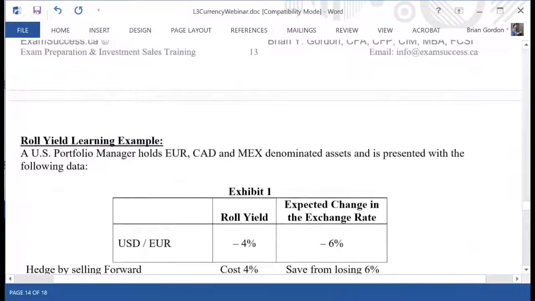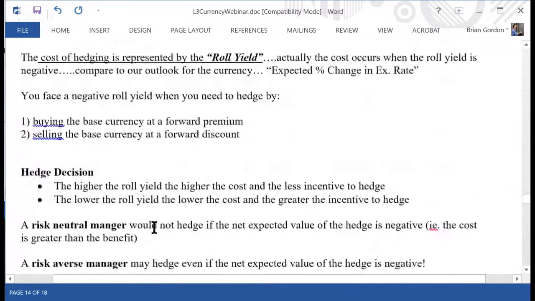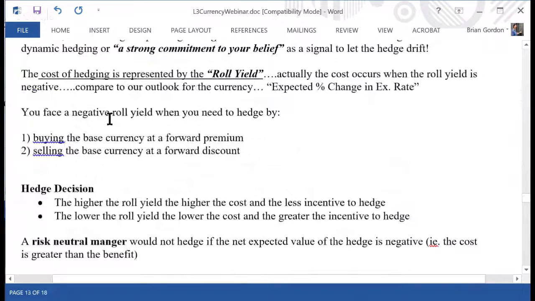Let me go back up to those bullet points. If we are hedging by buying the base currency, when the currency is trading at a forward premium, we will face a negative roll yield. There it is.